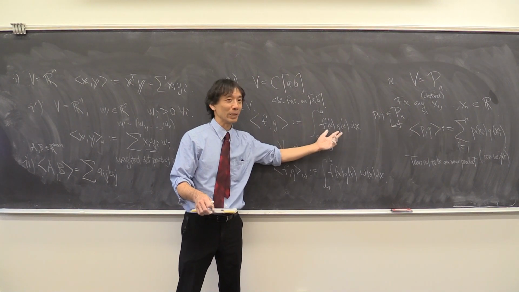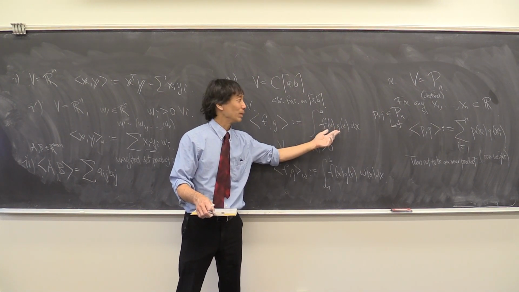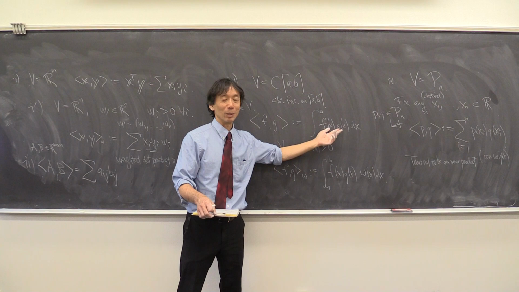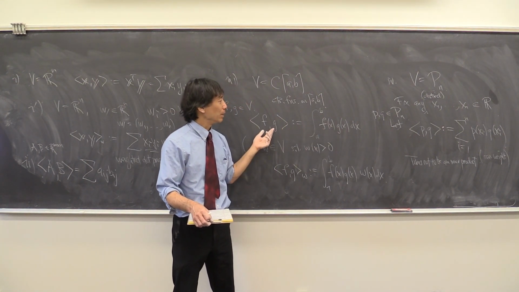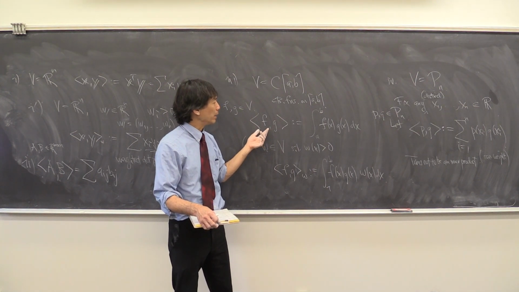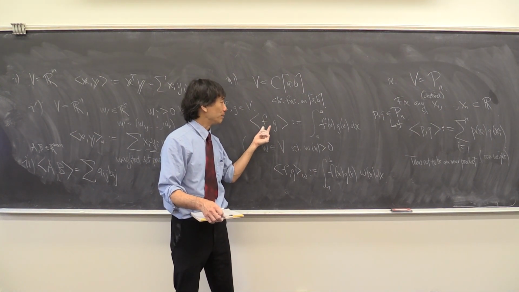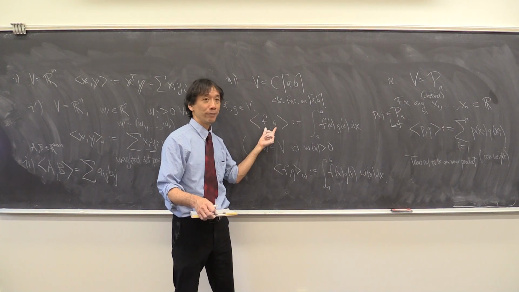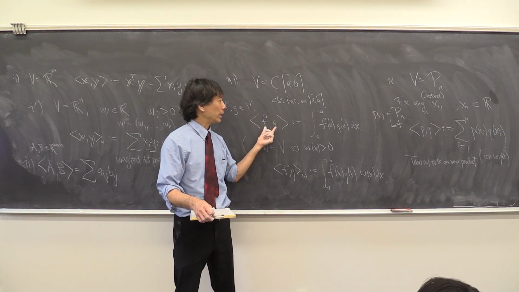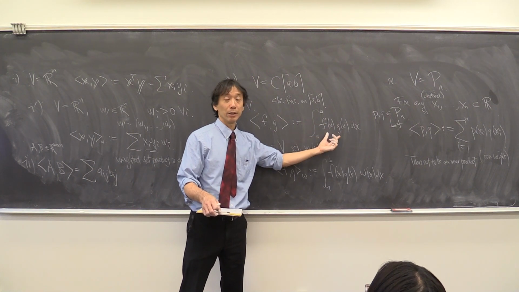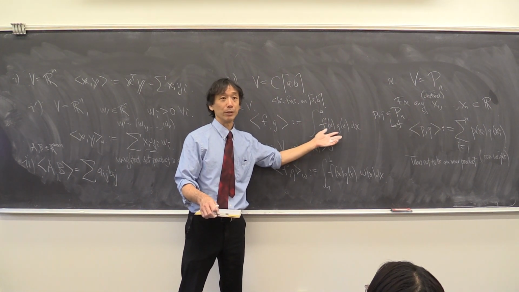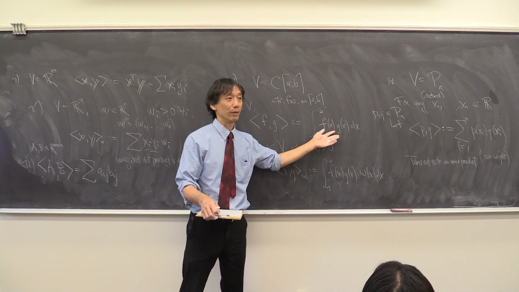No, because multiplication of numbers is commutative. If I take f against f, do I get something positive? Sure, because I'll be getting the integral of f squared, which is greater than or equal to 0.